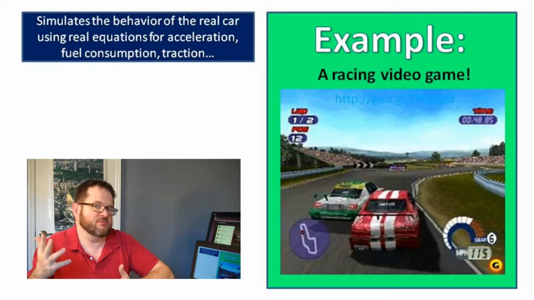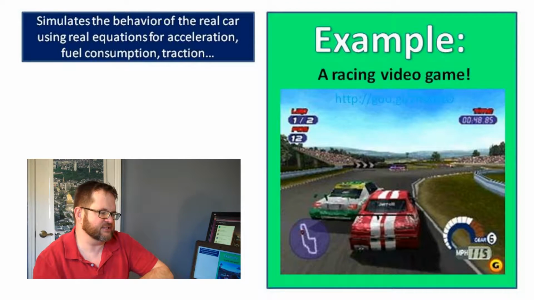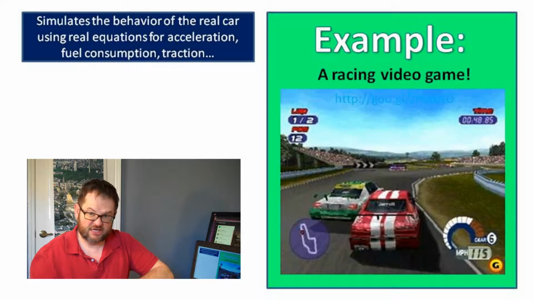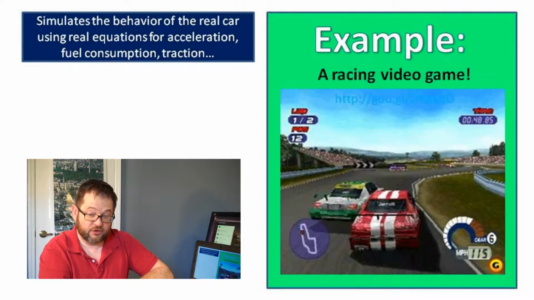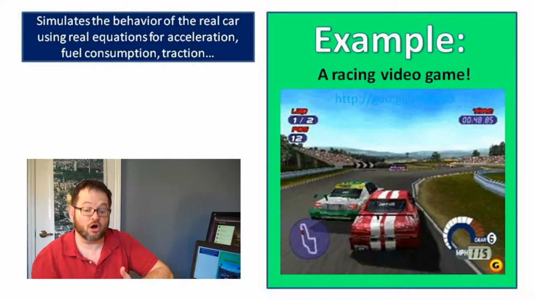You work with numerical models all the time, you just don't necessarily know it. For example, in that 100 level presentation that you watched, we talked about the fact that video games are typically numerical models of the system. Like this racing game here runs numerical models of the car that actually knows the physics of the car.